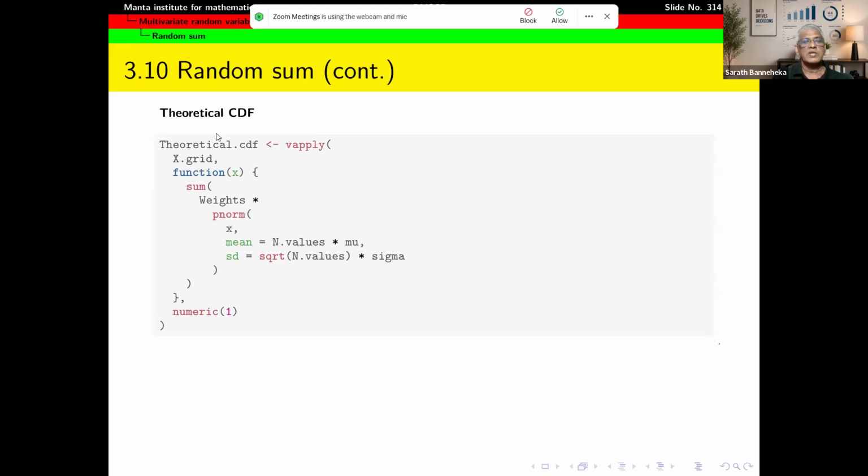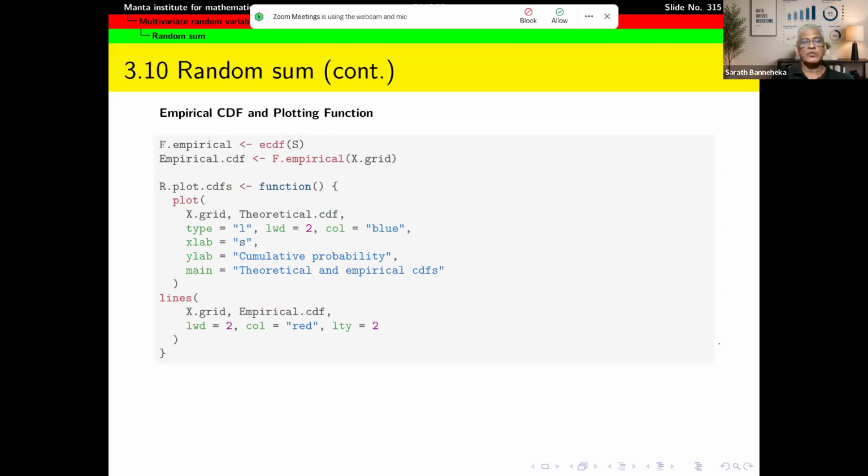That is given by this expression. And then the empirical one, of course, we can get by applying the ECDF function to S. Once you apply the ECDF function, it contains several components. From that, I extract the CDF evaluated at our x grid values.